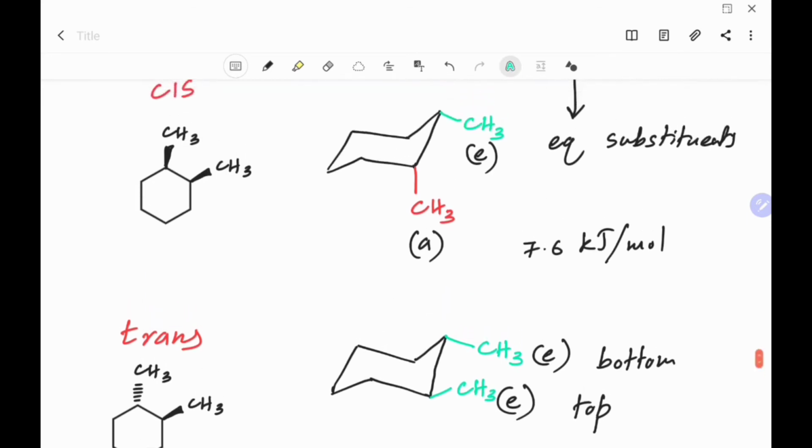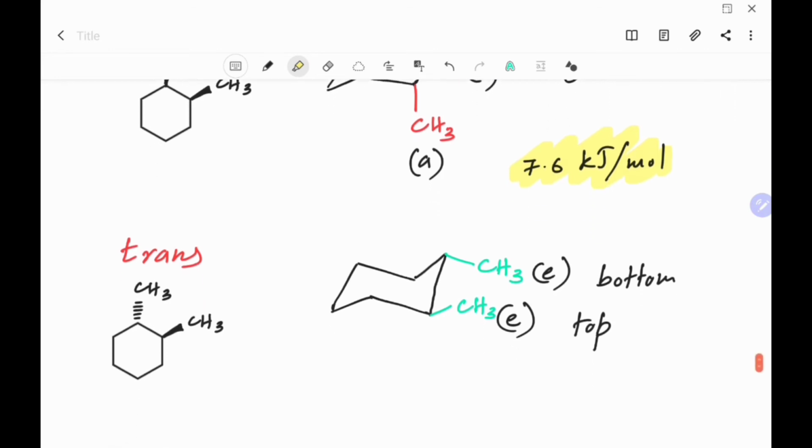So as you can see, when you compare the cis and trans chair conformations, cis is not stable as compared to trans. Why? Because cis has 7.6 kilojoules per mole of steric strain as compared to trans.